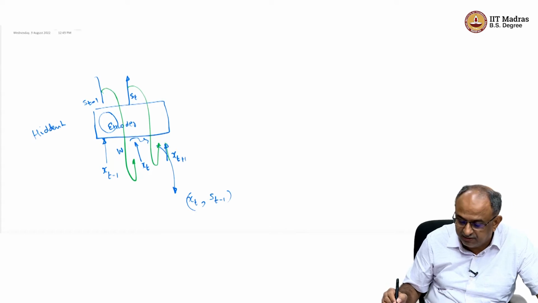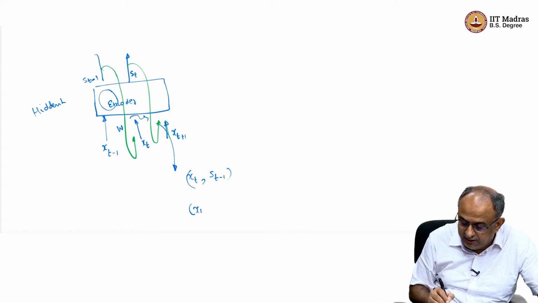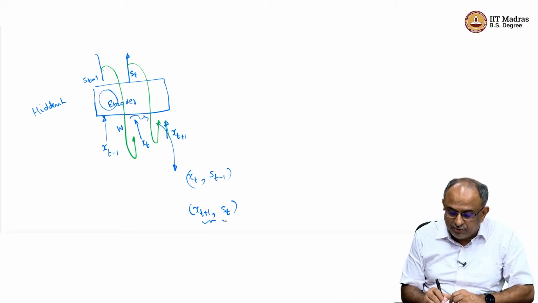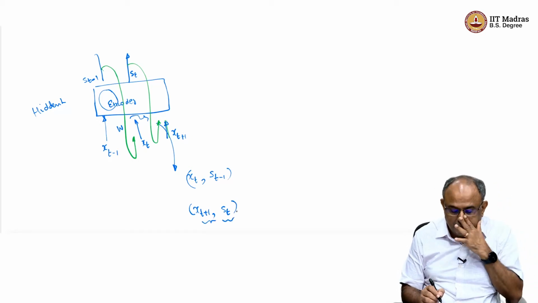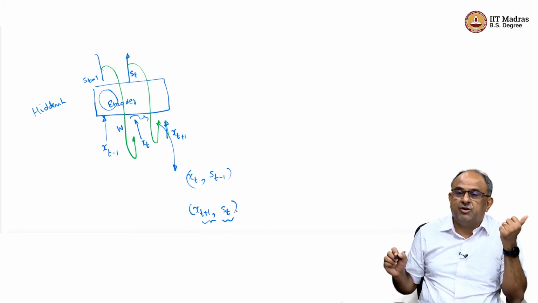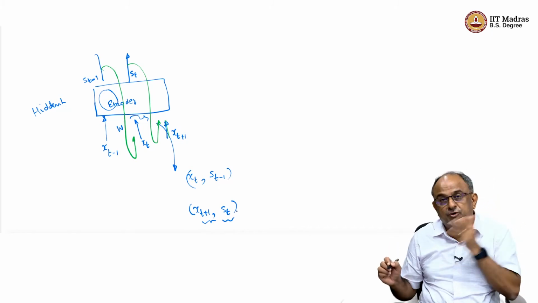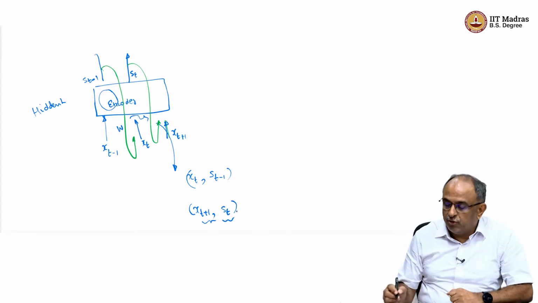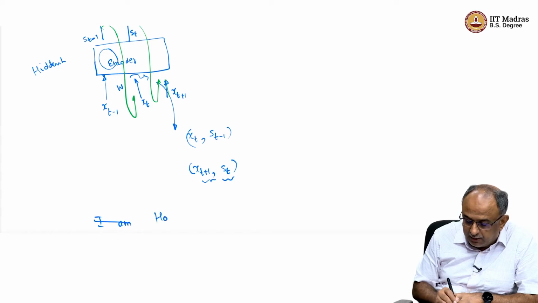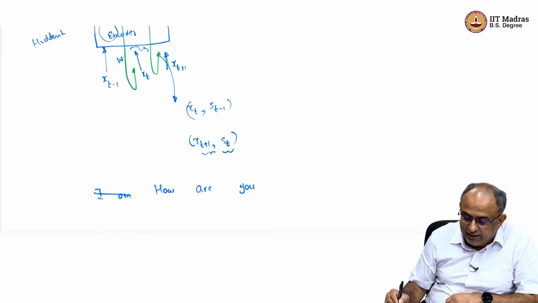I cannot feed xt plus 1 independently; I need xt plus 1 and st. I always have to wait for the previous one. So when I am looking at x4, I have to finish x0, x1, x2, x3 before I can handle the S4 entry.